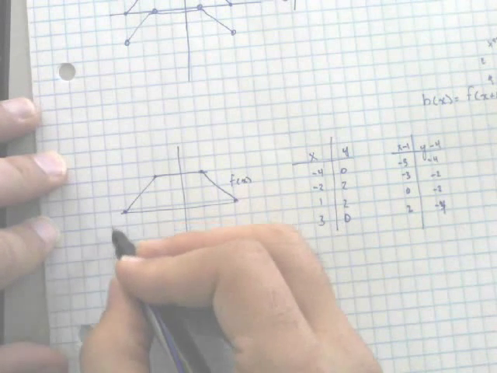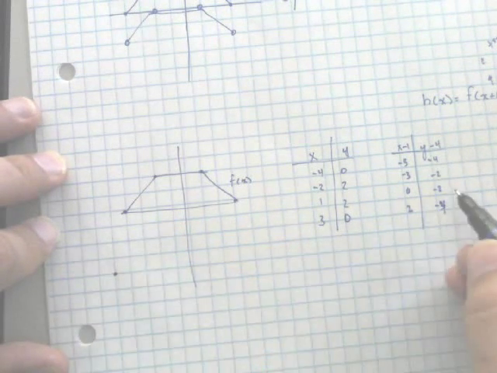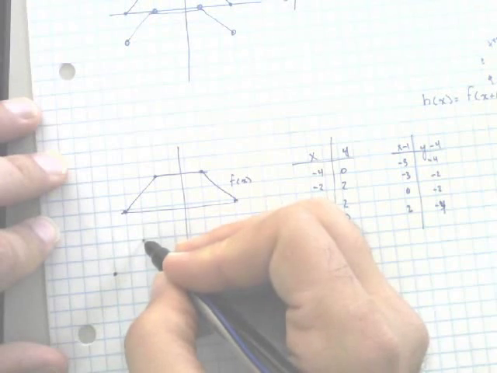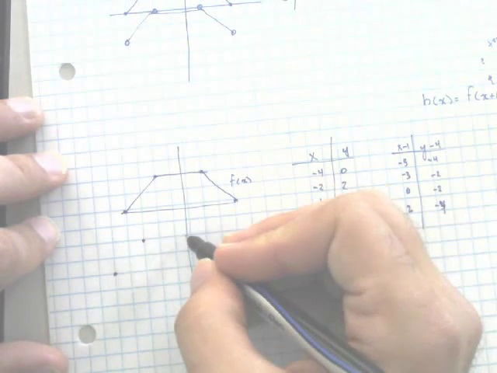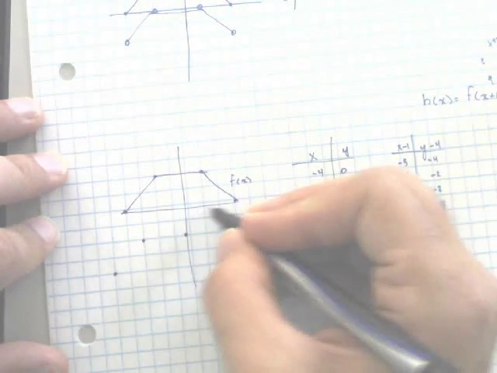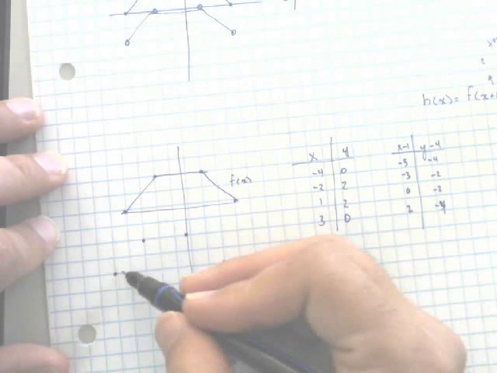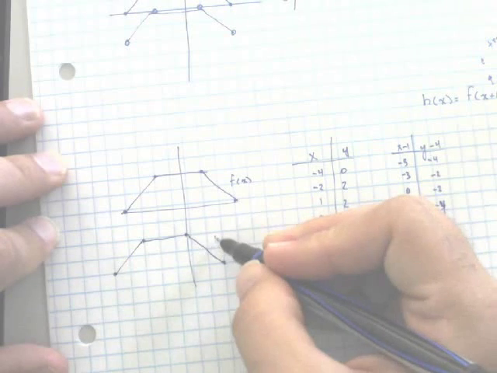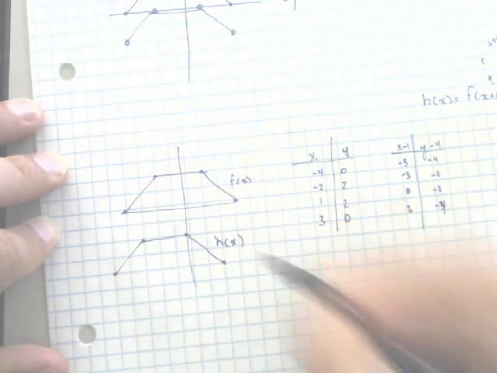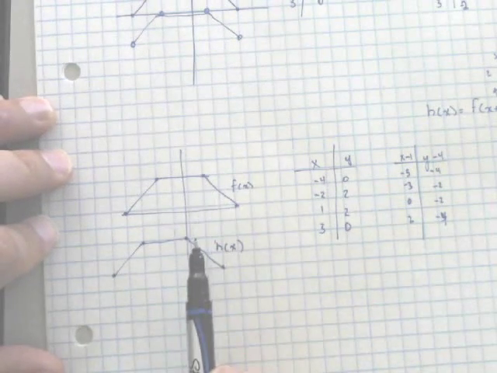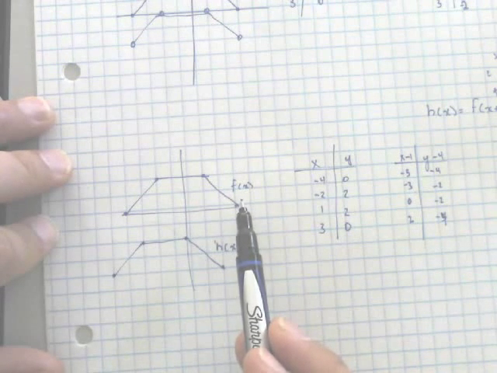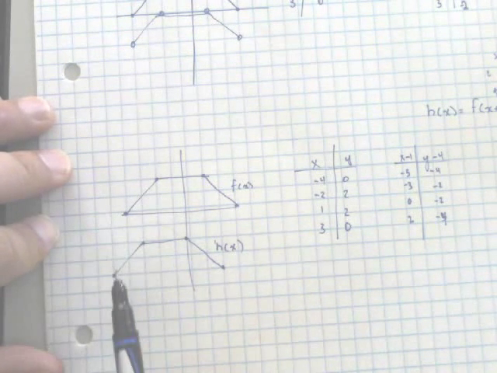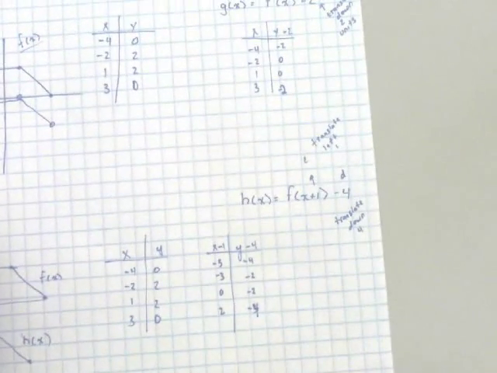So -5, -4, -3, -2, 0, -2, 2, -4. So this is my h of x. So when I compare f of x to h of x, I have moved my function left 1 and down 4. And that's what these values told me to do.